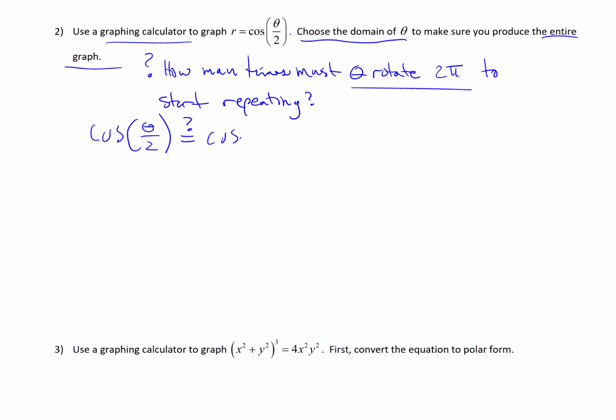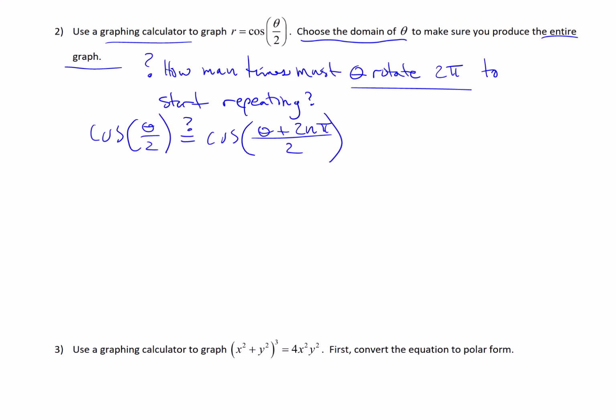So we'll say cosine of theta over 2, our original function. When would that equal cosine of, if it's going to rotate a certain number of multiples of 2 pi, when will that produce the same result as theta plus 2n pi all over 2?